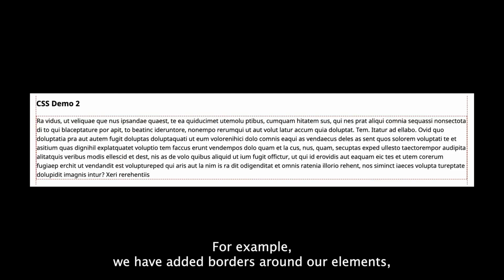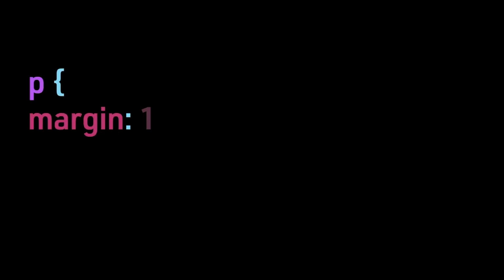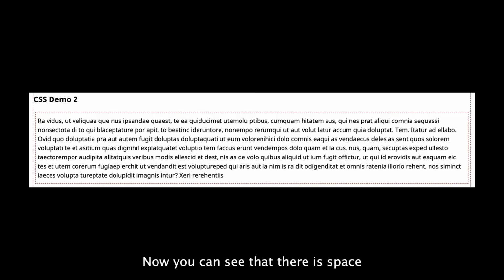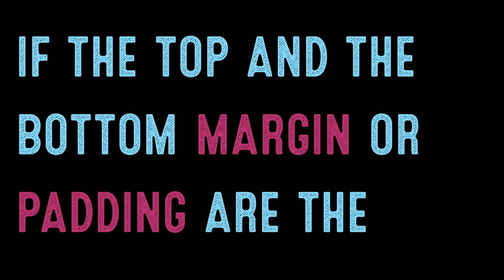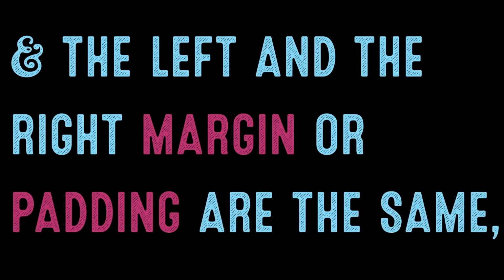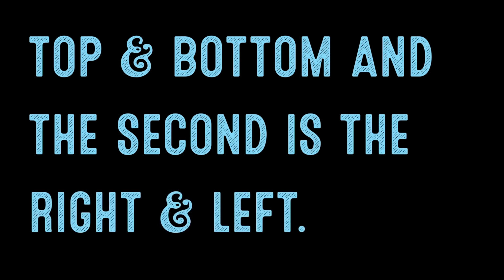For example, we have added borders around our elements so it is easier to see the margin and padding being changed. Now you can see that there is space between the border and the content and the border and the adjacent element. If the top and the bottom margin or padding are the same and the left and the right margin or padding are the same, you can shorten the declaration so that the first is the top and bottom and the second is the right and left.